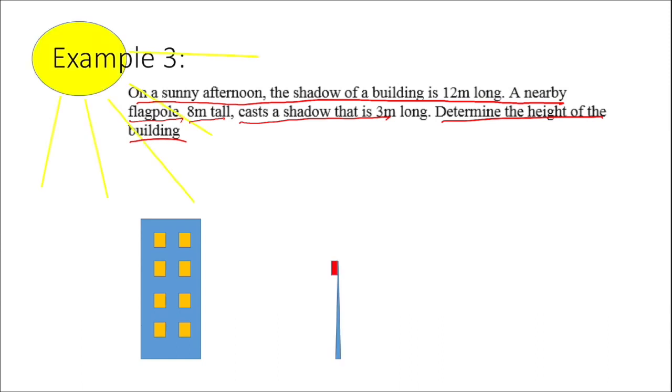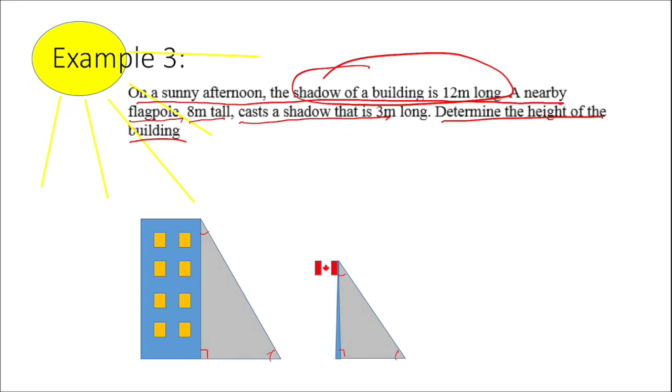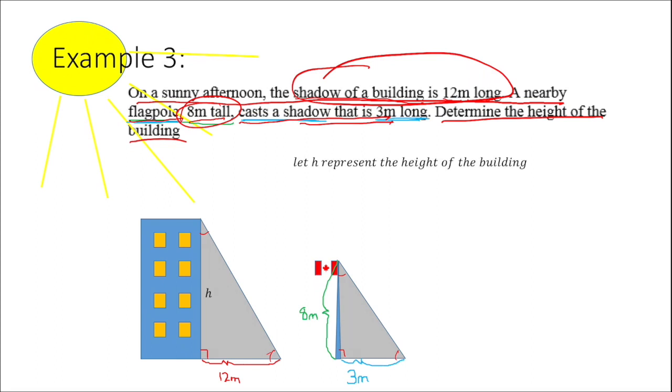So I have my building, I have a flagpole, and they both cast a shadow, and both of them have the same angles here, and it's all 90 degrees, so therefore they're similar triangles. Okay, now the building's shadow is 12 meters long. The flagpole is 8 meters tall, and it casts a shadow that's 3 meters long. What's the height of the building?